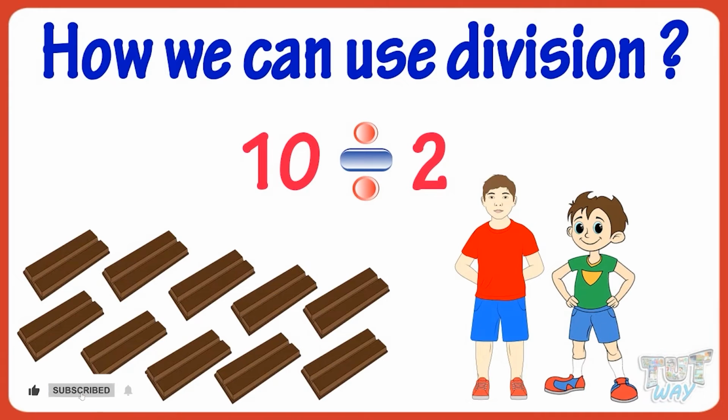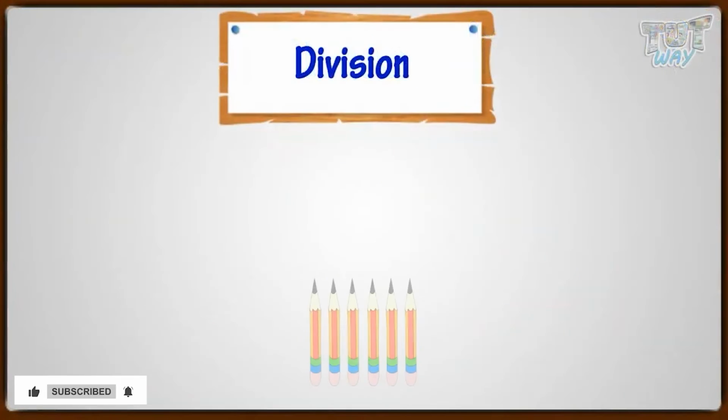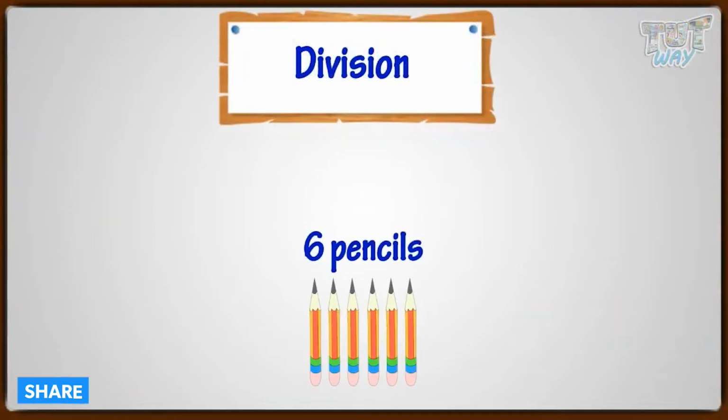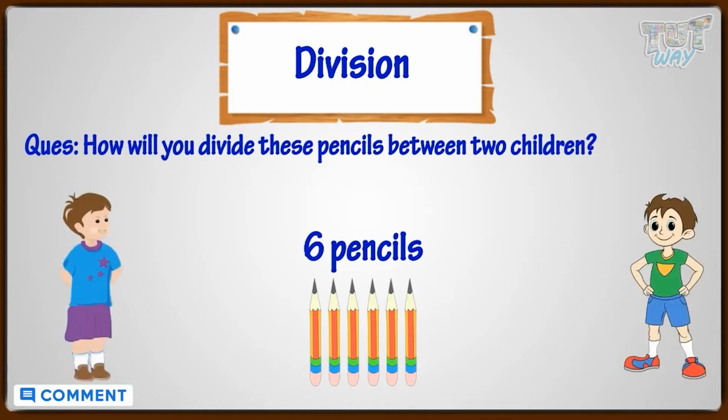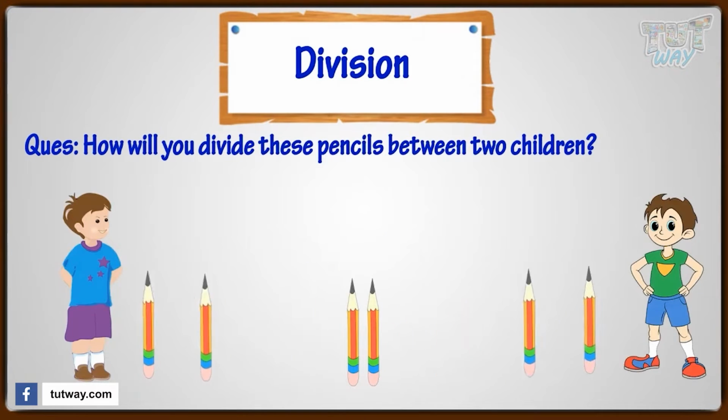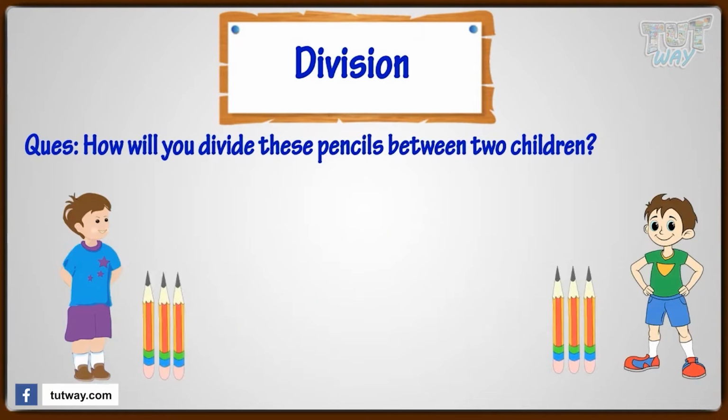So let's start. Here are 6 pencils. How will you divide or distribute them between 2 kids? Let's see. For distributing or dividing the pencils between 2, give one at a time to each kid till none is left.